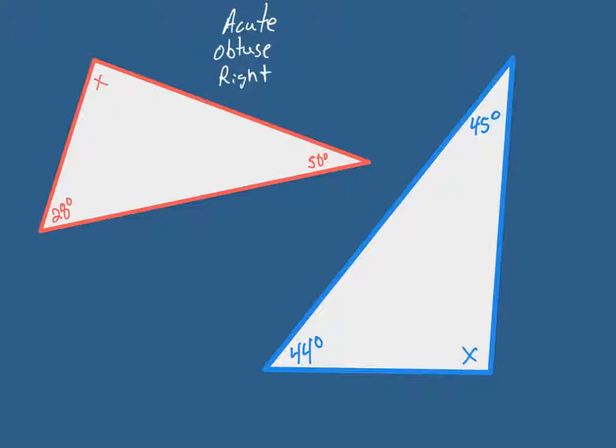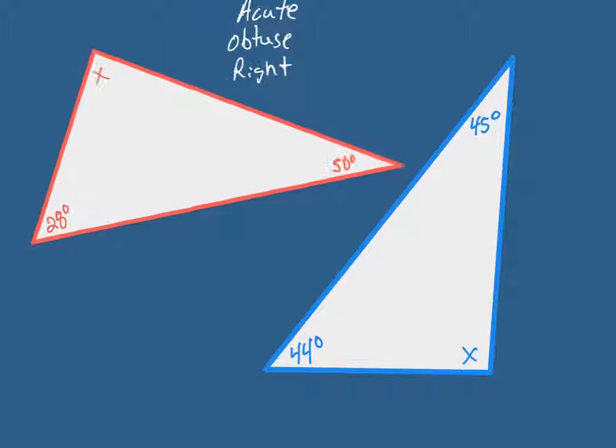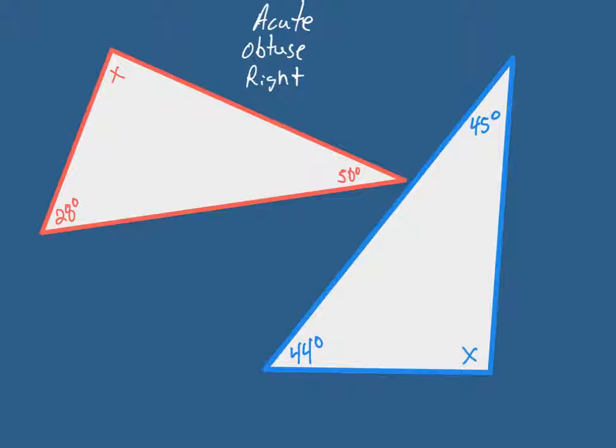All right, let's tackle the red one first. Here's what we have to do. We have to do 50 plus 28 plus x equals 180. 50 plus 28 gives me 78 plus x equals 180.